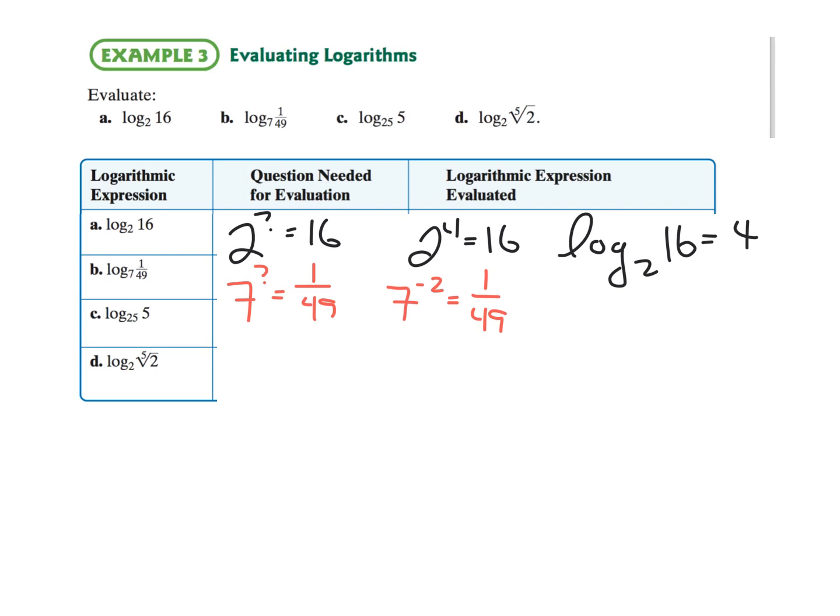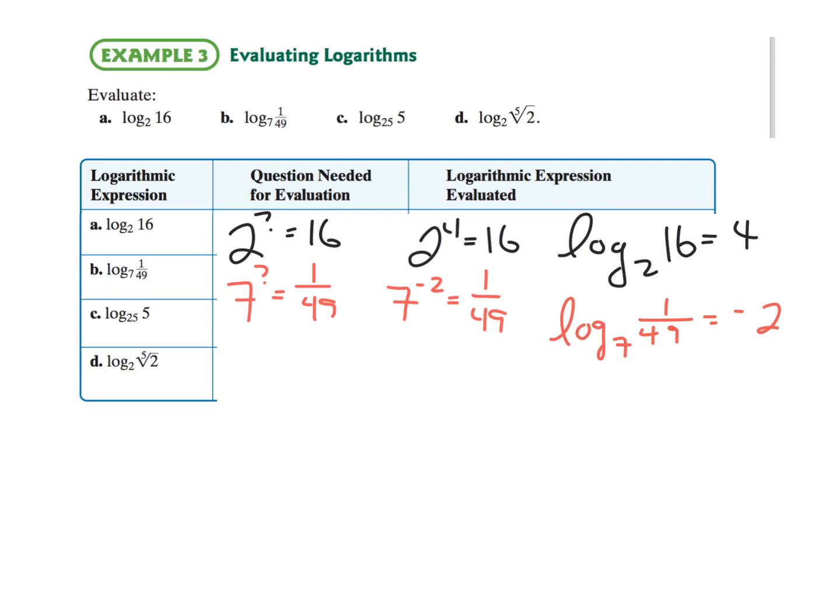Remember, when that exponent is negative, it tells you it's going to go down into the denominator. So here, log base 7 of 1 over 49 is equal to negative 2.